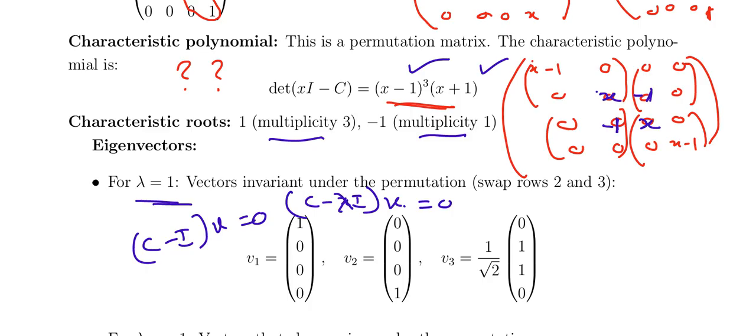When we subtract C minus I, we get some matrix into v1 v2 v3 v4. Finding the equations for v1 v2 v3 v4, we can take v1 equal to 1, and the rest 0. So this is the independent vector v2 v3. Okay, because lambda equal to 1 has multiplicity 3, so we get this.